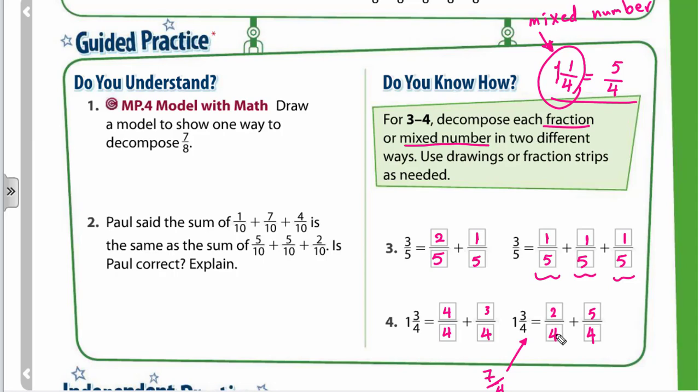Of course, my heroes, you can do it any other way. You can do it 1/4 plus 6/4, for example. What else? I don't think you have any other answers. But now you know how to decompose fractions. Any problems?